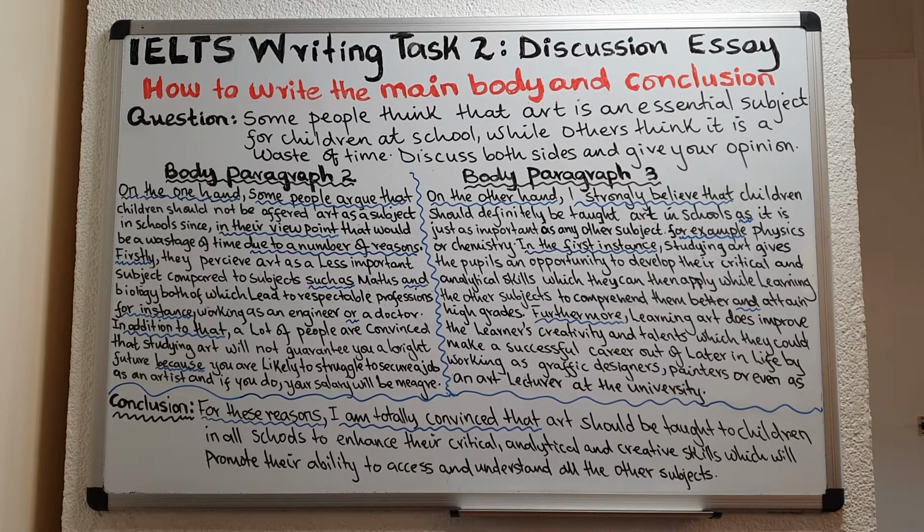And then after that, I gave 2 reasons to support that point of view. And I ensured that I gave examples and elaborated the 2 points. I introduced the first point using the linking word firstly. And I introduced the second point using the linking word in addition to that.